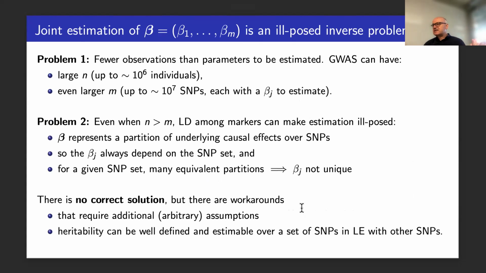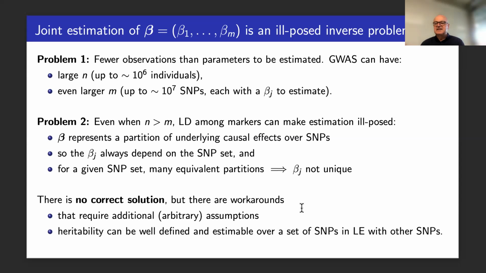Because of the success of the GCTA software, many of the problems with these genome-wide models are overlooked. But there are some fundamental problems that are essentially insoluble, and the best you can do is some kind of ad hoc workarounds, and that's been the basis of a lot of confusion and controversy, I would say.